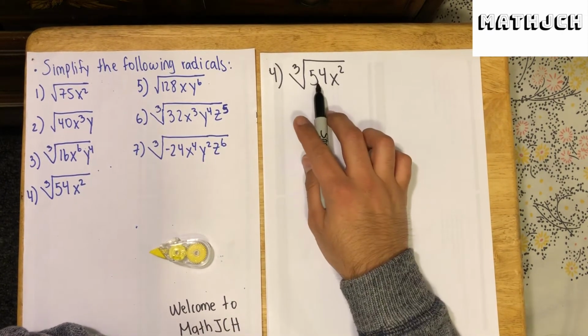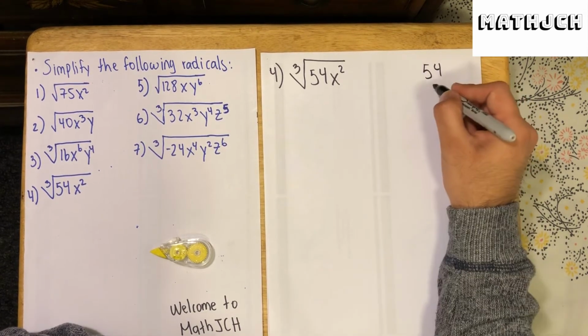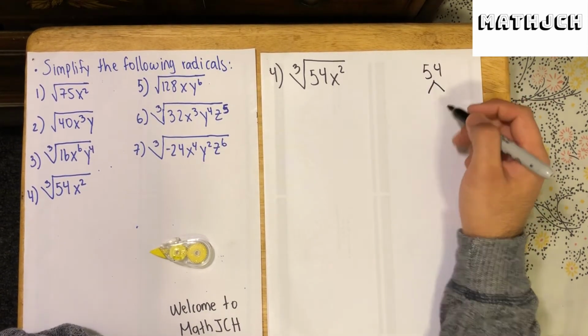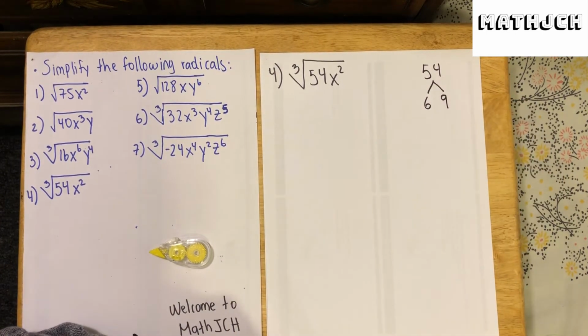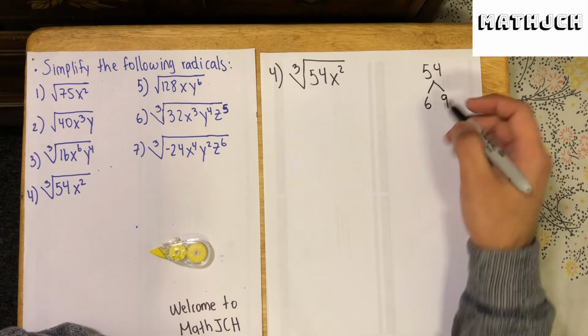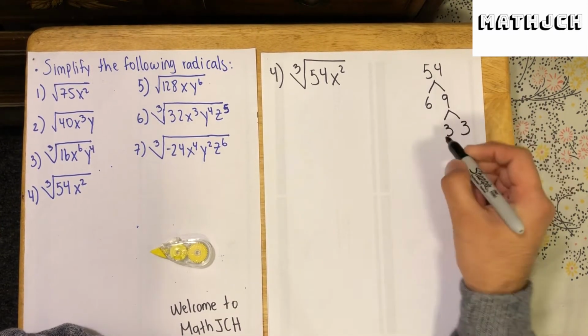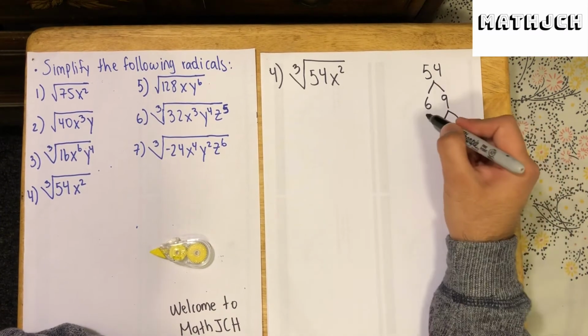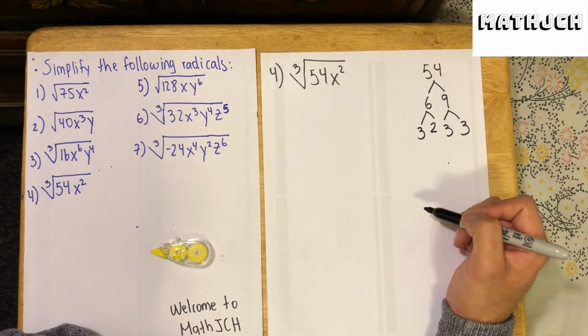Now, let's focus on 54. Let's do the prime factorization of 54. So you might know 54 is 6 multiplied by 9. And then 9, we could break it down into 3 and 3, because 3 times 3 gives me 9. And 6, we could break it down into 2 and 3.